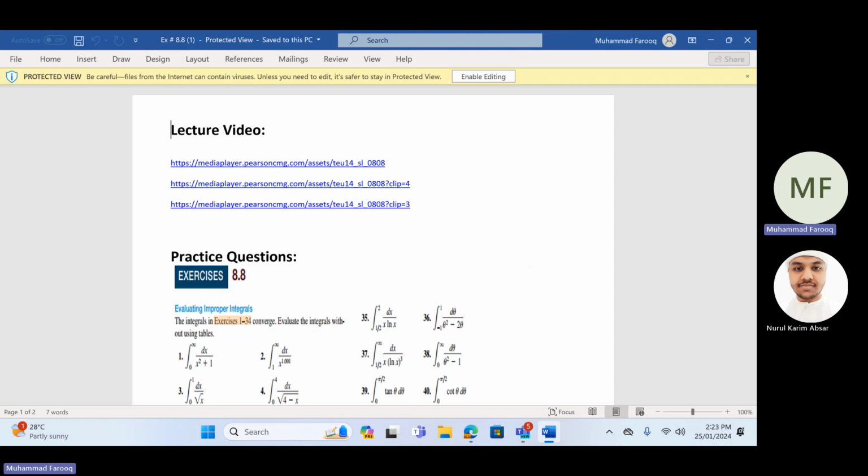For example, sine power 4 or cosine power 4 is no, because it becomes very large. But tangent secant, no problem. It's easy to integrate, and you can still integrate secant cube also.